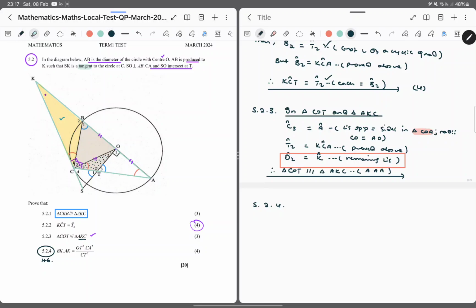Now the best approach to this, we need to find where's BK. Do we see it? Yes, there is BK. It's that side. It's in that yellow triangle. Where is AK? AK is this whole side of this other triangle. Very important to look at those things.